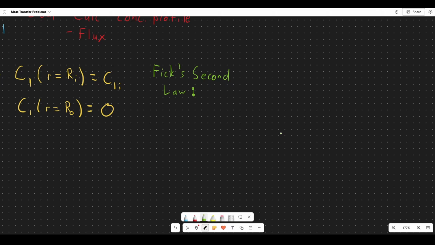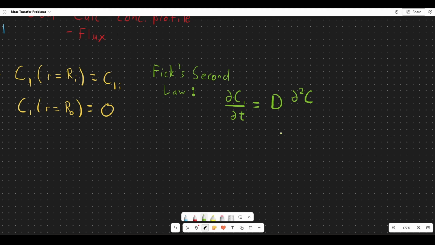What Fick's second law basically says is that the concentration over time, which is basically the accumulation, del C1 over del t, is equivalent to the diffusion coefficient D times the second derivative.